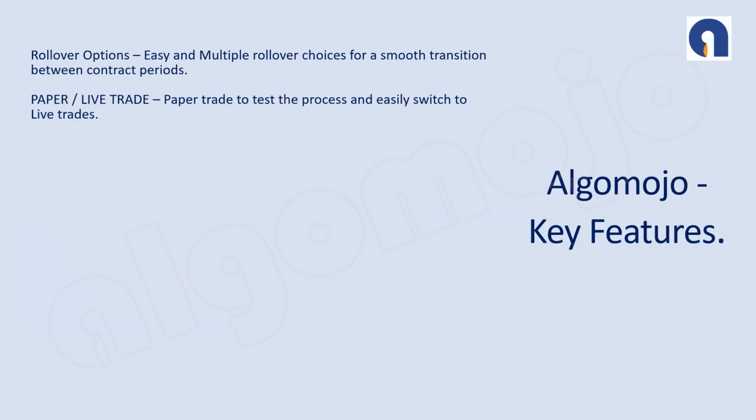For all users, we provide paper trading facility. Now, it is limited to up to three strategies that you can test under paper trade or observe under paper trade. The idea of paper trade is to check whether Algomojo as a platform is suitable for your kind of requirement, whether all the signals are getting processed as per your requirement.